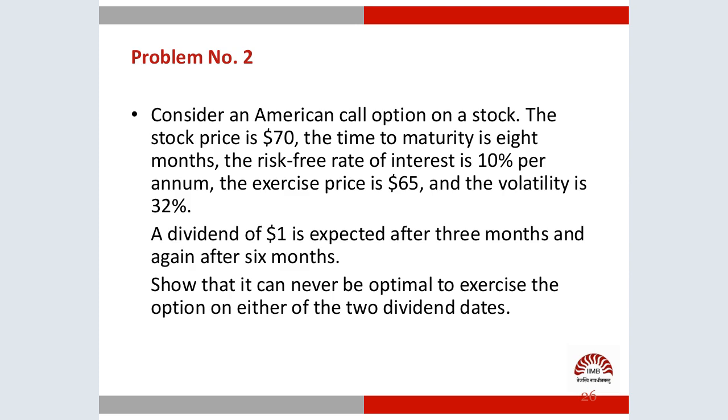Now, what we want to see is that it is suboptimal to try to exercise this option early. In a sense, with the kind of numbers and returns being offered, this option should be held until maturity.